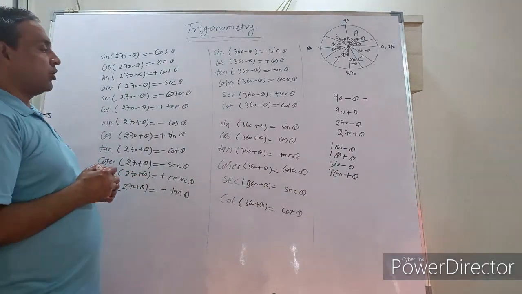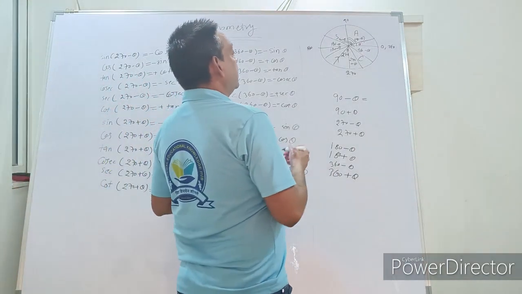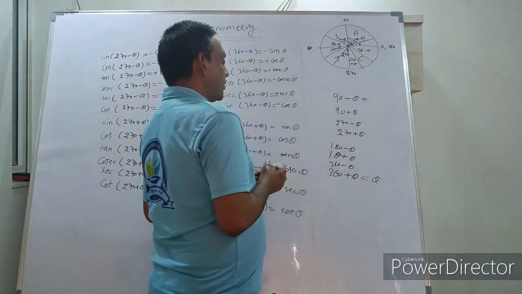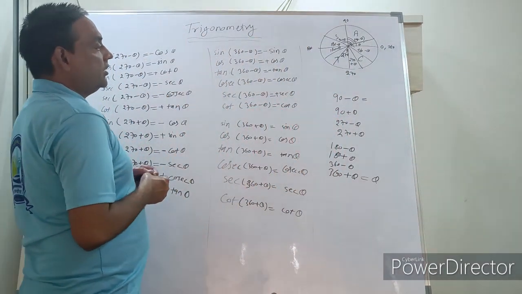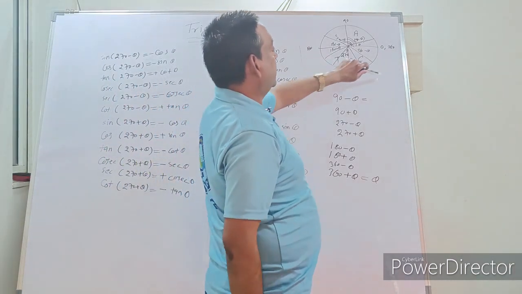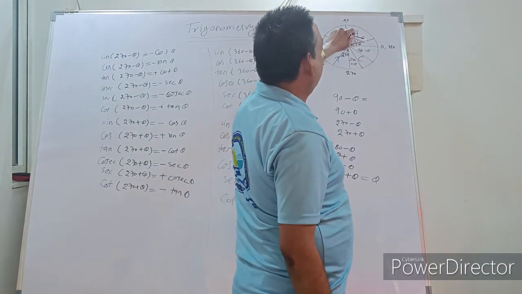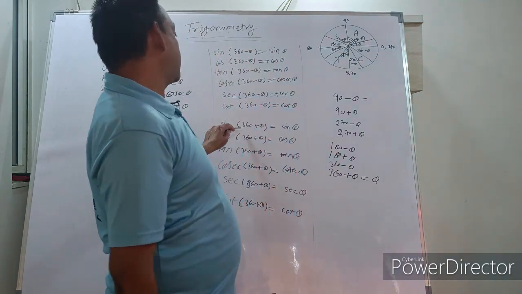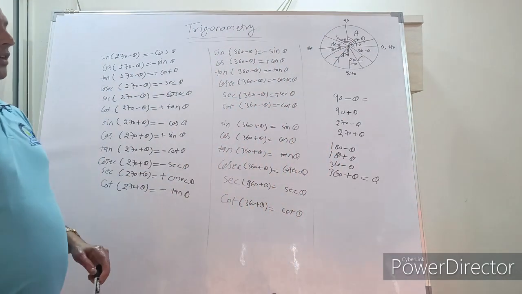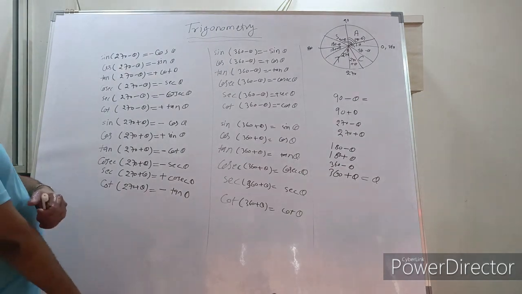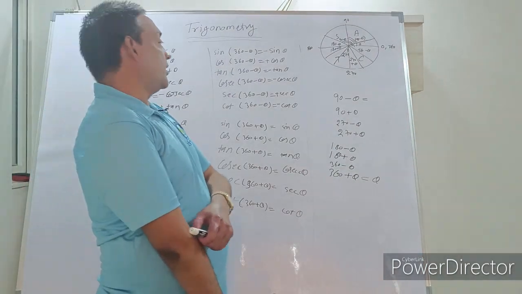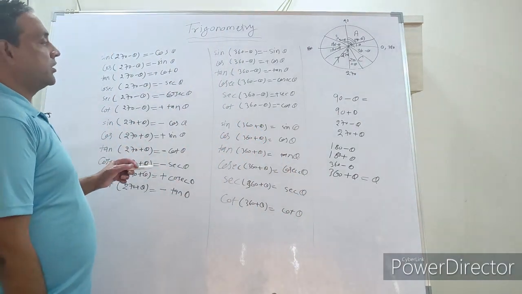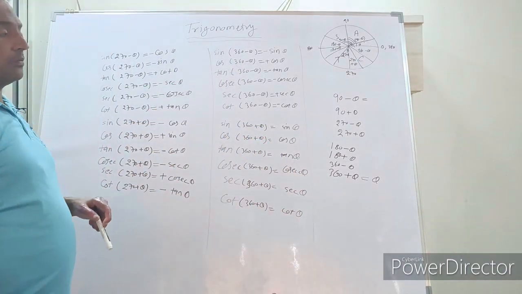Everything is positive because 360 plus theta is the same as theta degrees. So 360 plus theta is nothing but theta. So this way we got 90 minus, 90 plus, 180 minus, 180 plus, 360 minus, 360 plus.